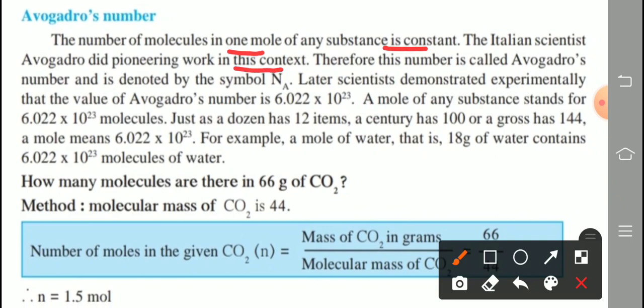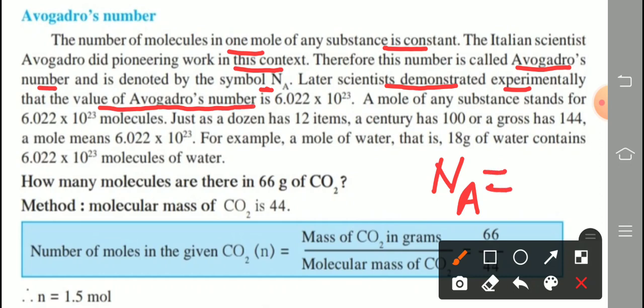Therefore, this number is called Avogadro's number and it is denoted by the symbol NA. Check that symbol here, N and subscript A, NA, Avogadro's number. Later scientists demonstrated experimentally that the value of Avogadro's number is, what is the value of this Avogadro's number?